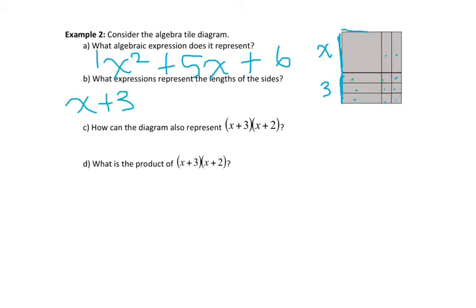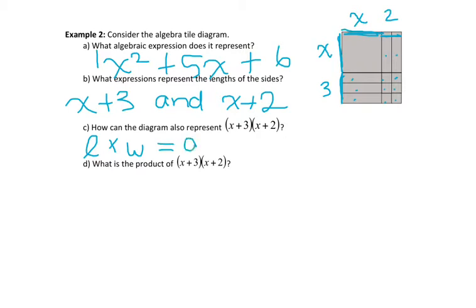The length of this other side, that length is x, this length is 2. So the second side is x plus 2. How can the diagram also represent x plus 3 times x plus 2? Well, x plus 3 times x plus 2 is the same as the length times the width, so it can also represent that multiplication with its area.